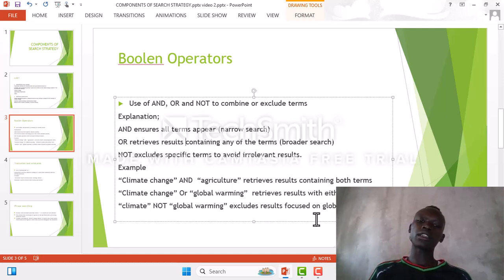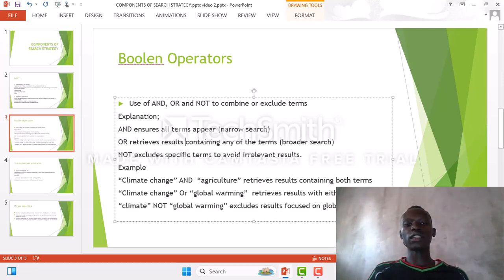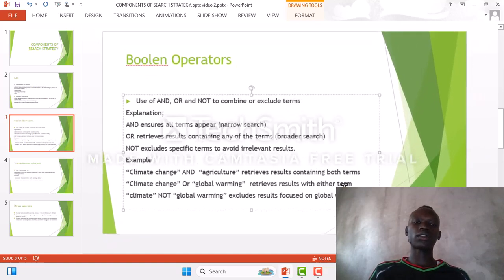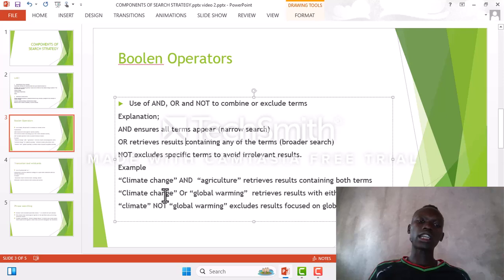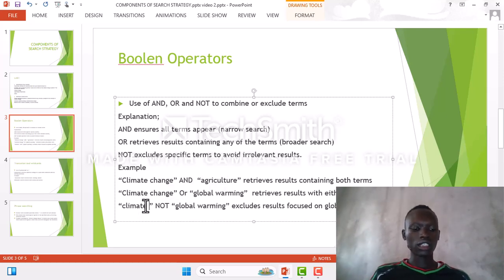It gives us results for one or the other, this one with its results, that one with its results. So it brings any of those, either climate change or global warming. Then climate change NOT global warming gives us climate change results only.